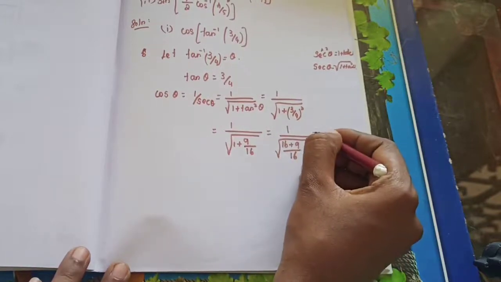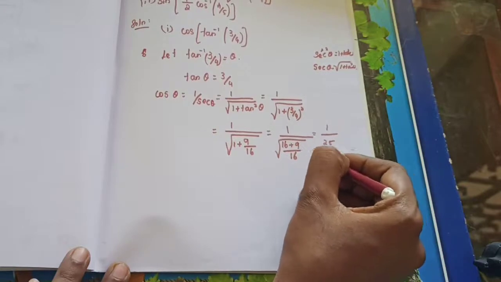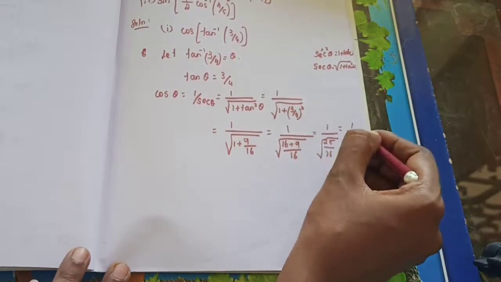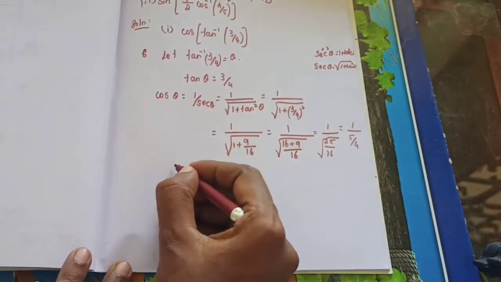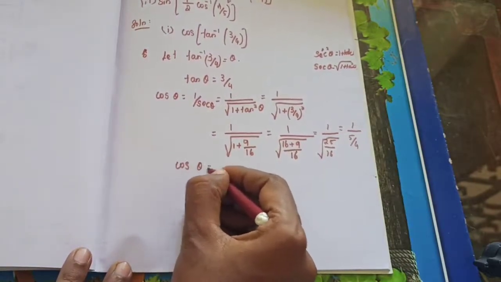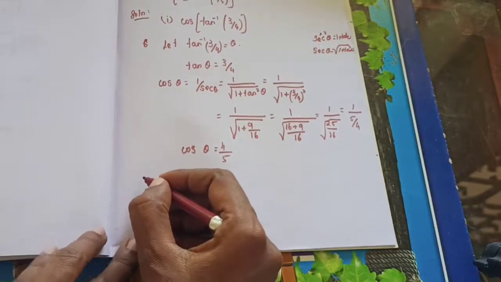So that is equal to 1 by square root of 25 by 16, that's equal to 1 by 5 by 4. If you bring this 4 up, 4 by 5. So what's the value for cos theta? 4 by 5. Now you got the value of cos theta also.